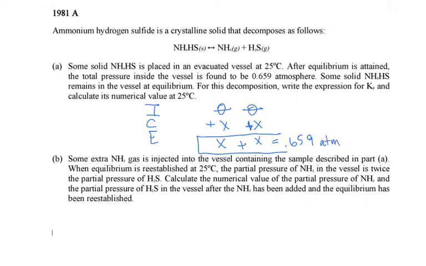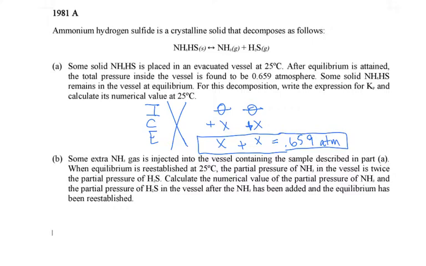So why, might you ask, are we ignoring whatever pressure we might have for the solid? Well, part of that is because the solid is never going to play a part in the equilibrium, and also a solid can't have a pressure. Okay, so that might have been a little bit tricky for you, but all we're going to concentrate on are the pressures for the ammonia and the dihydrogen sulfide gases.